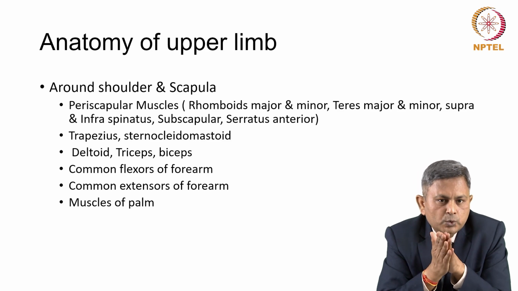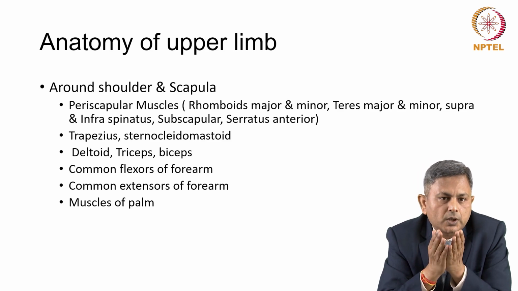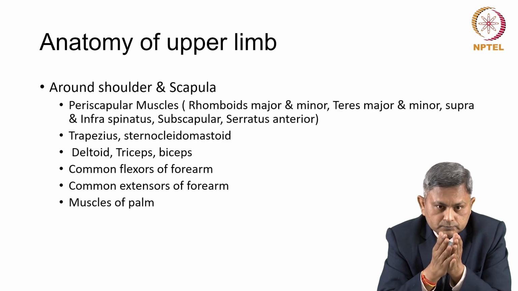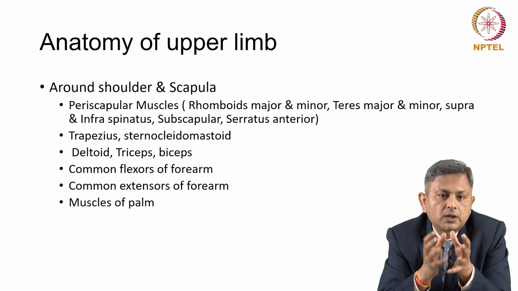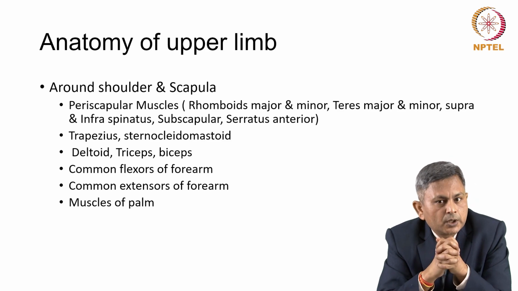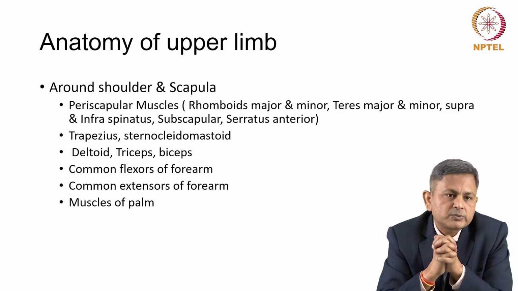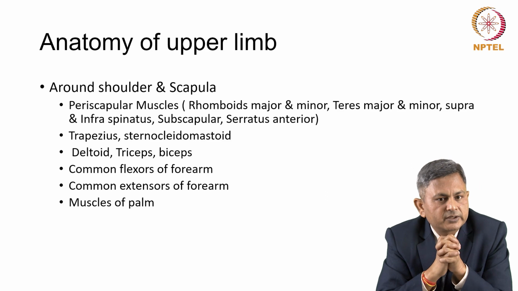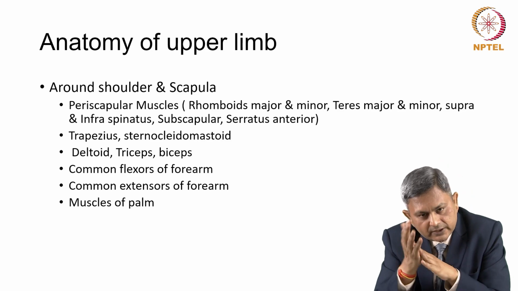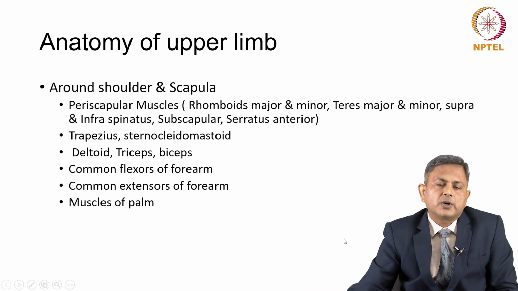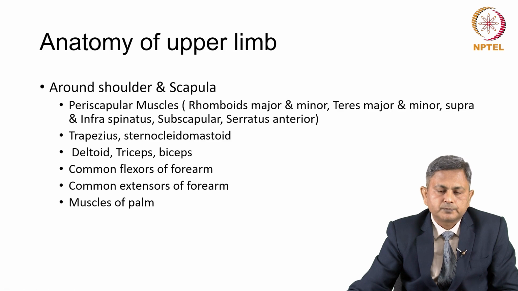Scapula, though it's a flat bone, gives origin to lots of muscles: rhomboideus major, rhomboideus minor, teres major, teres minor, supraspinatus, infraspinatus, subscapularis, and serratus anterior. A few names you can see when we go to the backside.